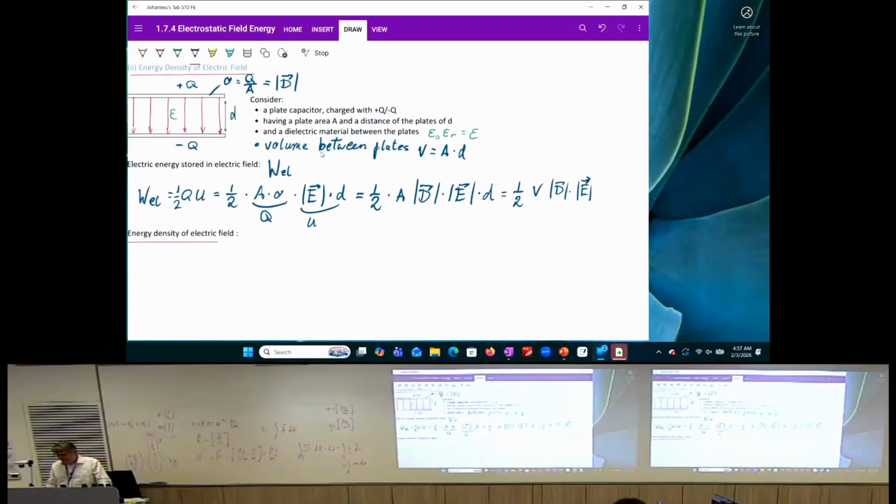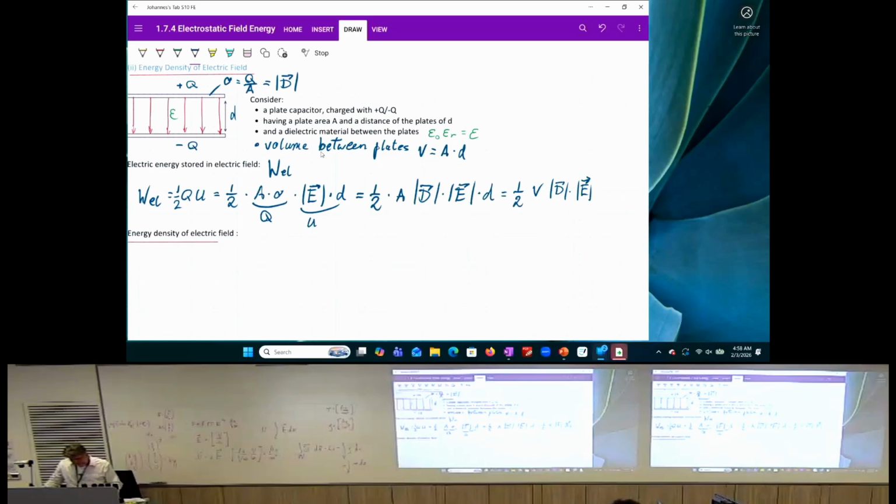And now, using this formula, you relate the Q to the flux density, and you relate the voltage to the electric field.